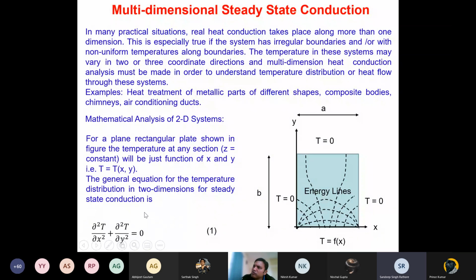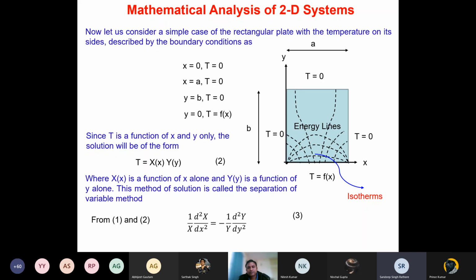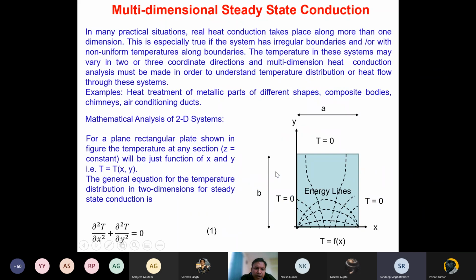So I am assuming that there is no accumulation term, and also no generation term. Now this particular equation number one, we can solve by using the method of variable separation.